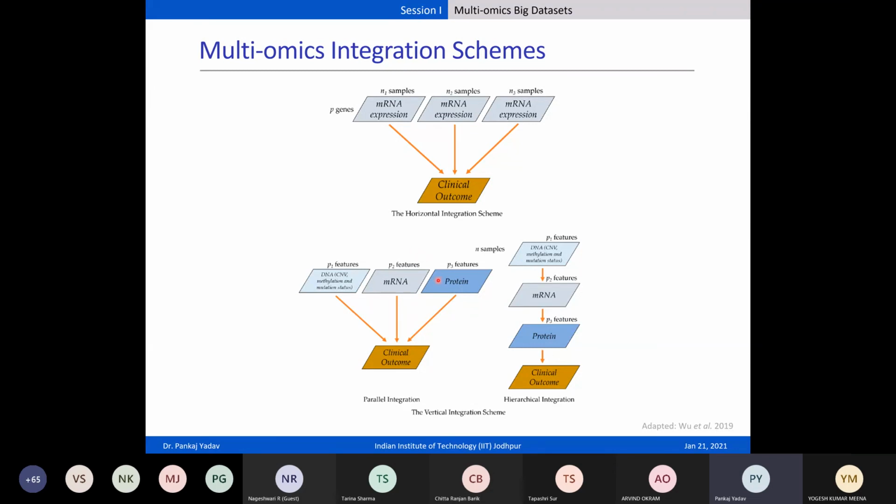This can be performed in parallel, so this is called parallel integration. And then we can even have hierarchical integration, where we integrate P1 features, P2 features, and then P1, P2 features with P3, and so on. So this is also one kind of scheme that has been followed.